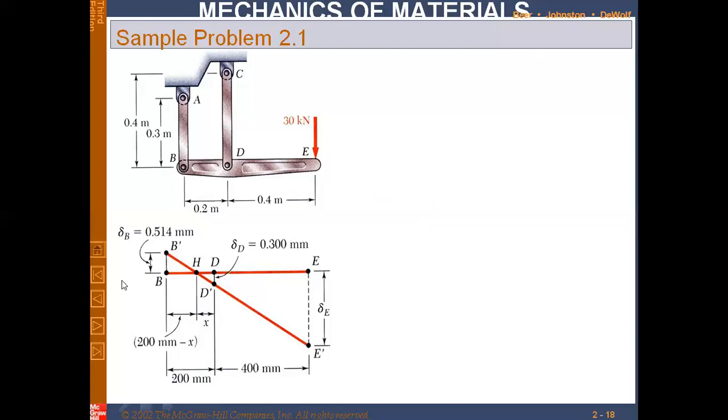Now we would be using this geometry and some trigonometry. Tangent theta, as you know, is perpendicular over base. Let's say this angle is theta, so this angle would also be theta. So in this right angle triangle B dash HB, this is theta.